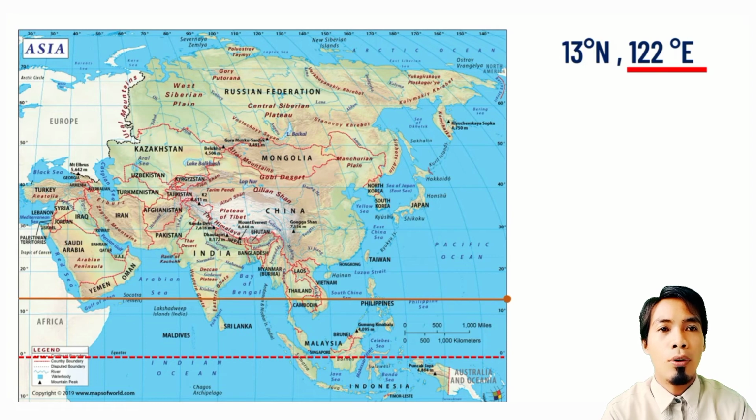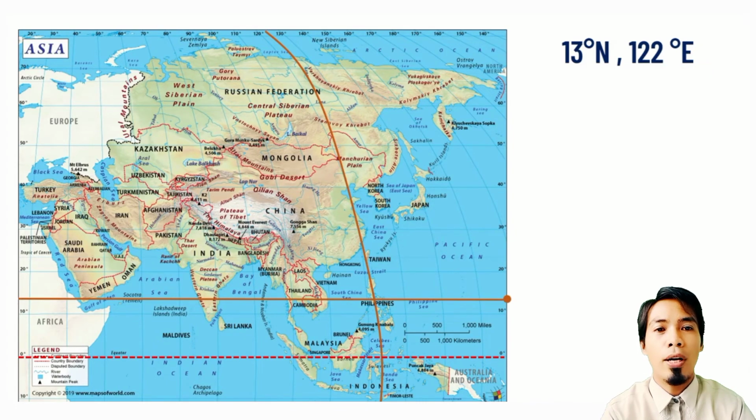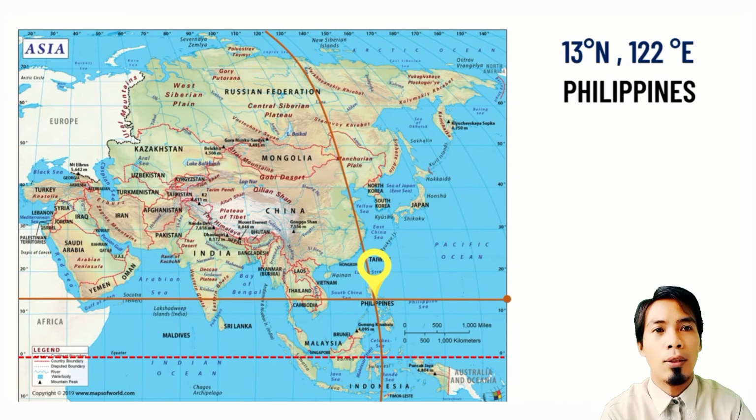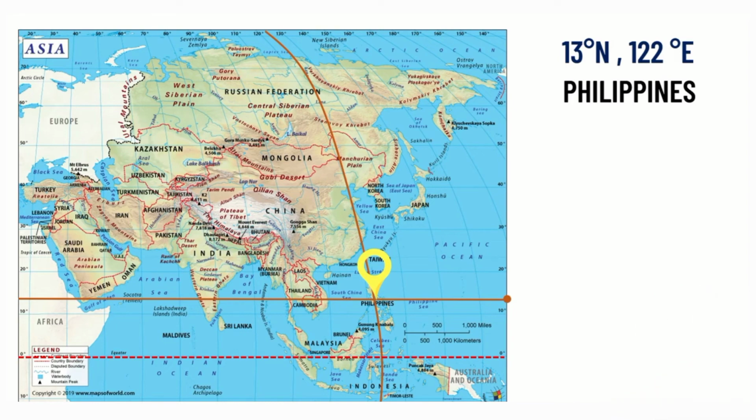Then, we will draw a vertical line. The third step is to find the point of intersection of the latitude and longitude lines. The point of intersection lies on the Philippines. Therefore, the Philippines is approximately located at 13 degrees north and 122 degrees east.